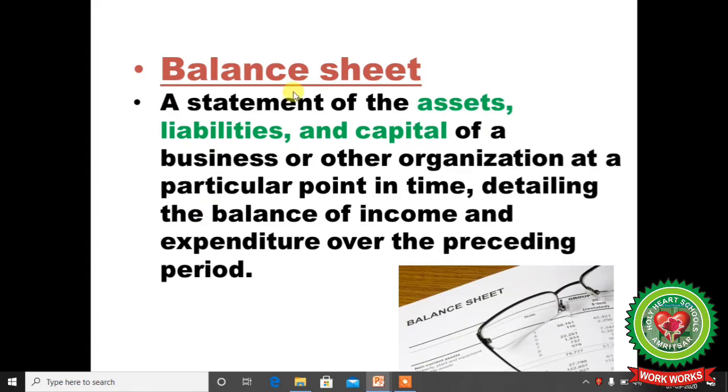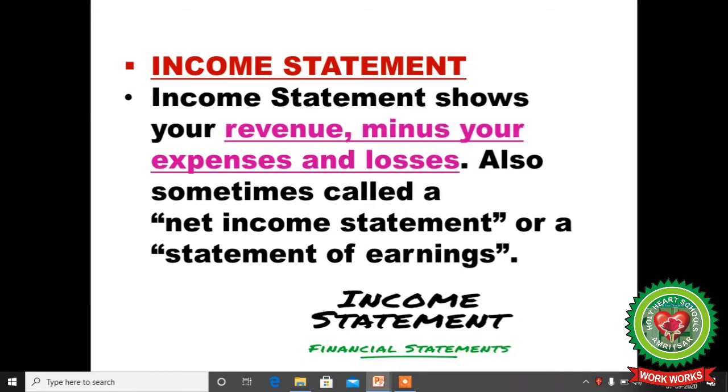Balance sheet. A balance sheet lists the assets, liability and capital of the business or other organization at a particular point in time, detailing the balance of income and expenditure over the preceding period. Income statement. Income statement shows your revenue.